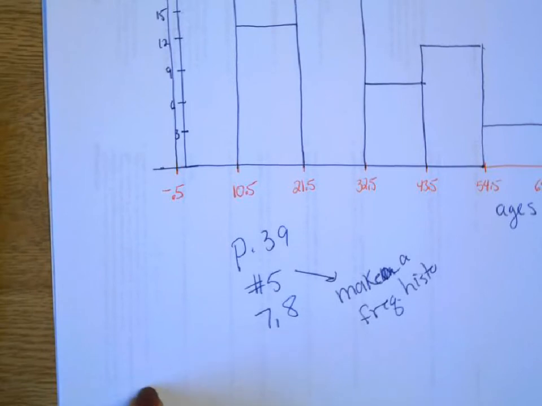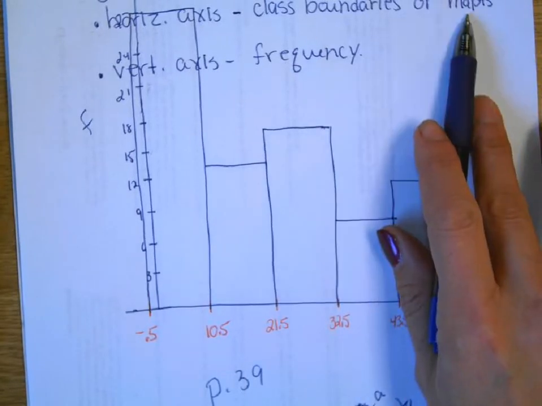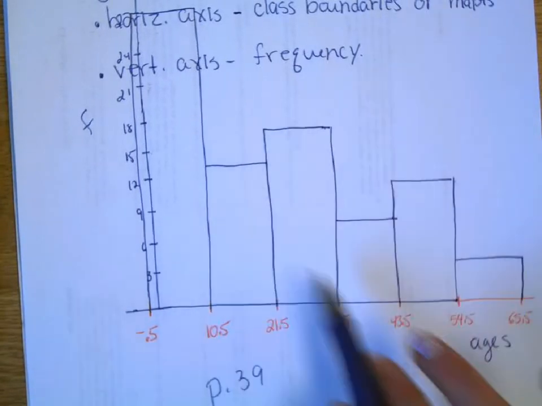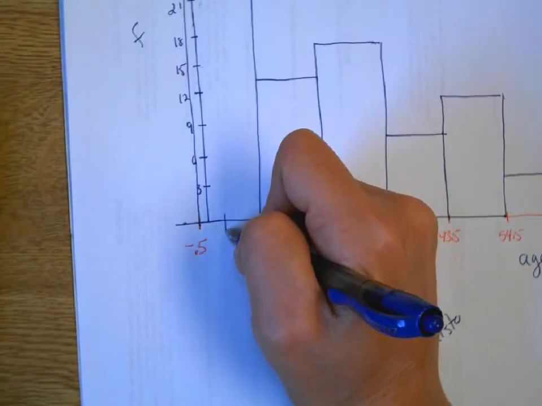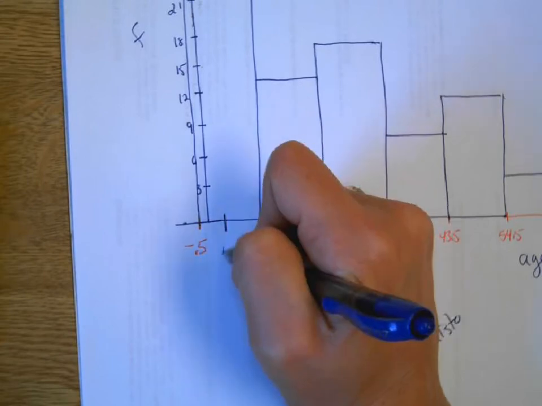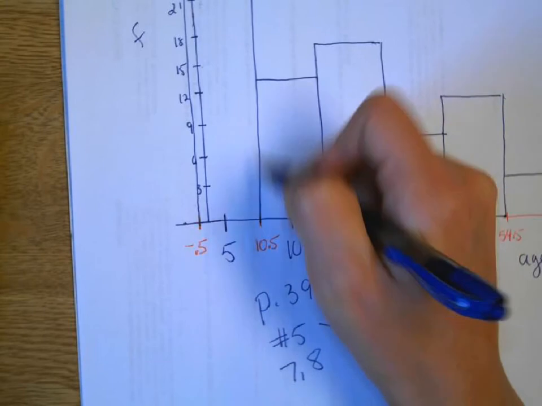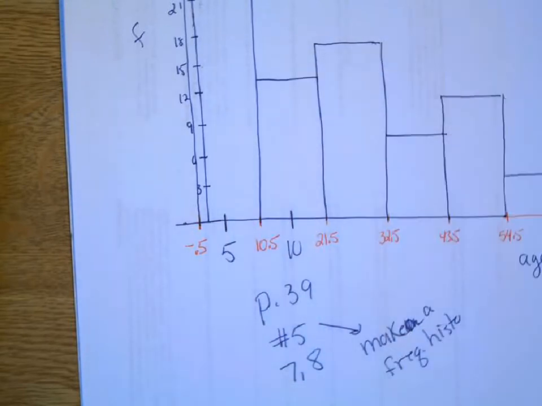So when do we know when to do midpoints or class boundaries? It's telling you to add those columns to your table in number 5. I know, but for the histogram, because it says the frequency histogram. Class boundaries or midpoints, you can do either one. I did boundaries. If I had done midpoints, it would just have been in the middle of my bar. I would have put 16, and then made the bar go around the midpoint.